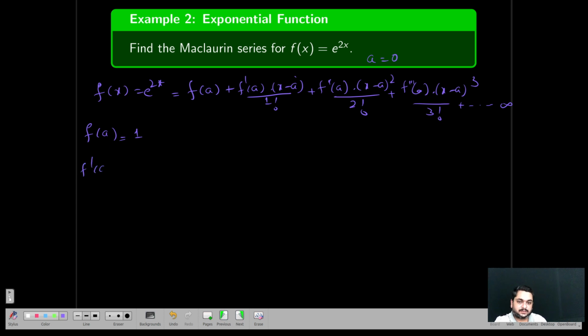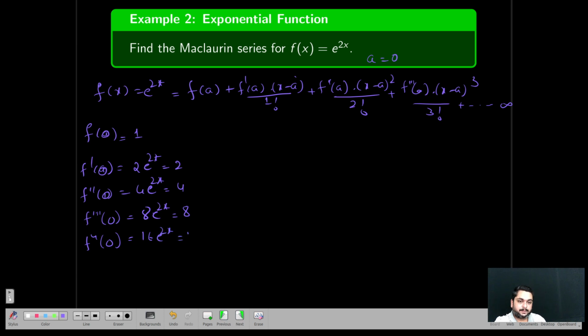Now f dash of a is equal to 2 into e power 2x, so f dash of 0 will be equal to 2. f double dash of 0 is equal to 4 into e power 2x, that is 4. f triple dash, the third derivative at 0, equal to 8 e power 2x, is equal to 8. The fourth derivative will be 16 e power 2x, that will be equal to 16.